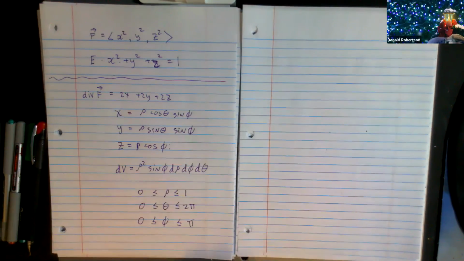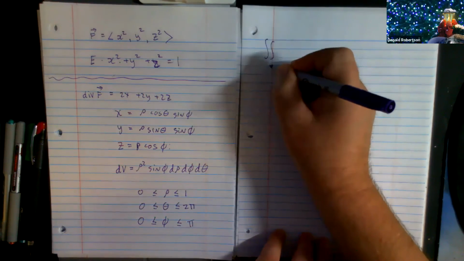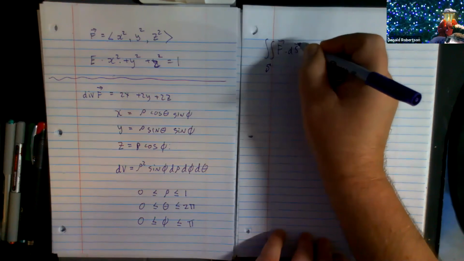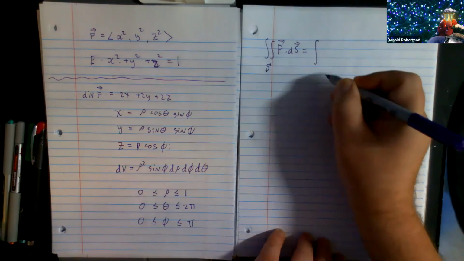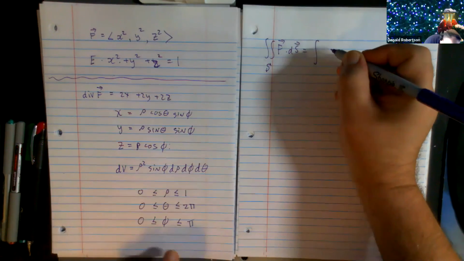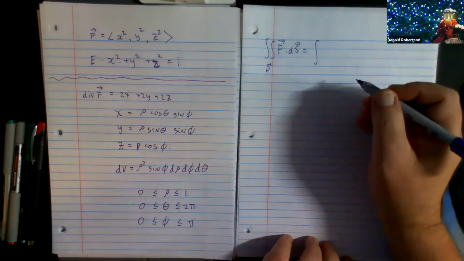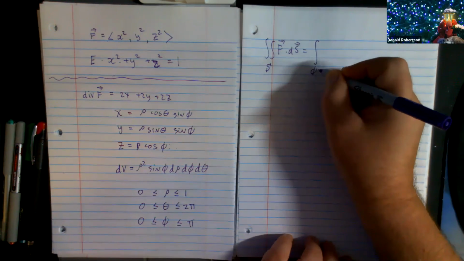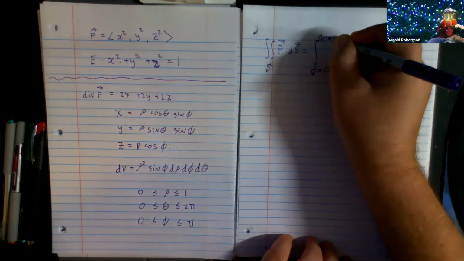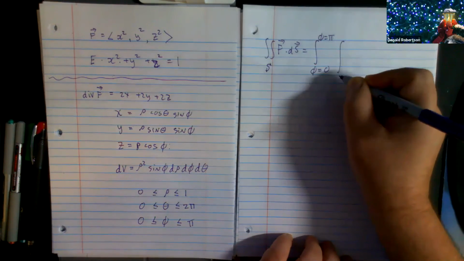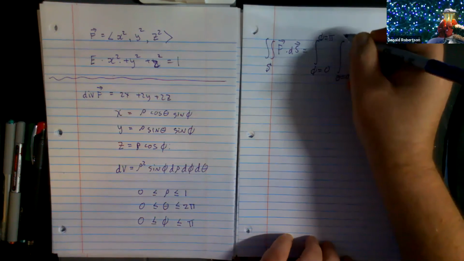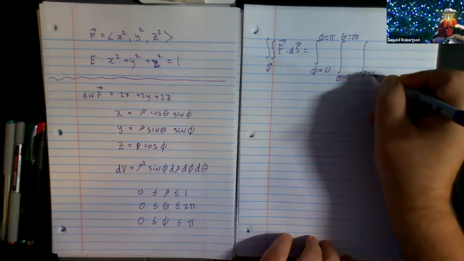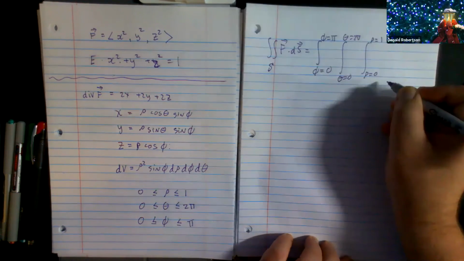Let's try and put the whole package together then. The flux, the surface area, is going to be, well, all the numbers are good, so I can technically do it in any order I like. So let's do phi from 0 to pi, theta from 0 to 2 pi, and rho equals 0 to 1.